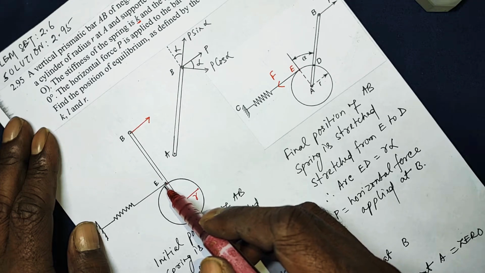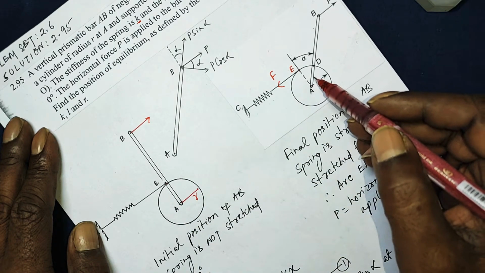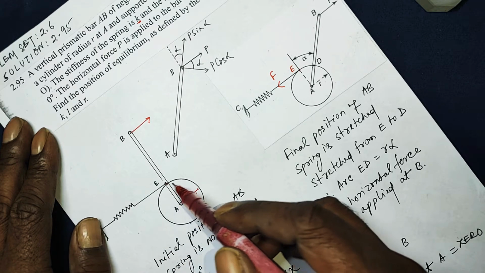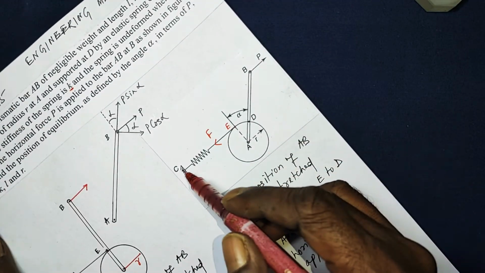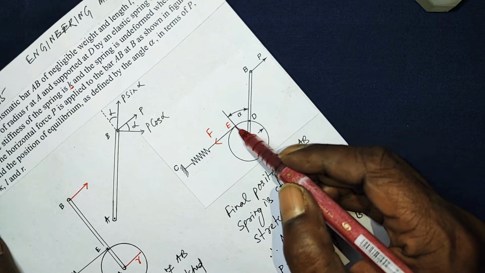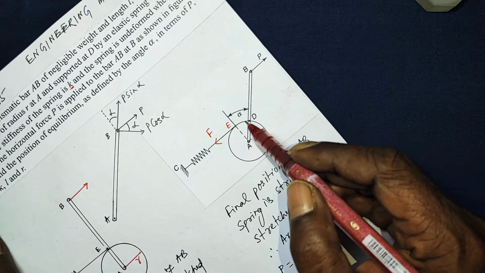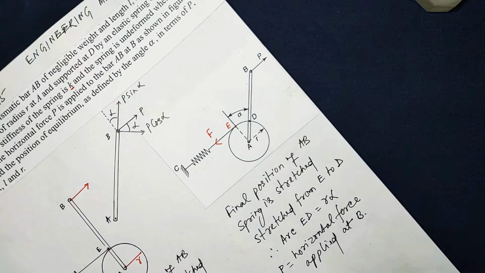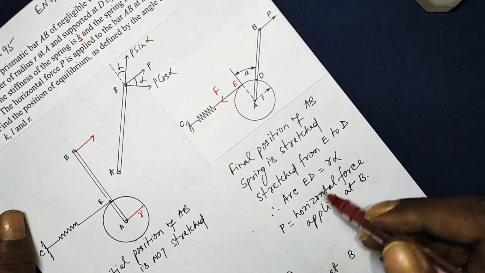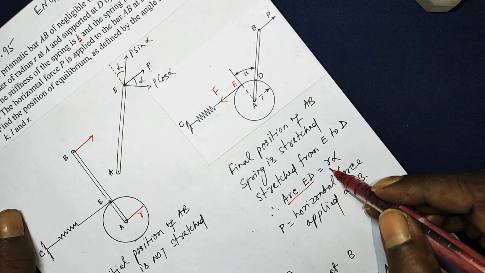If you compare this diagram with this diagram, this is the unstretched position of the spring. This is the stretched position of the spring. So the spring has been stretched from E to D in the form of an arc of a circle. So the arc ED will be R alpha.